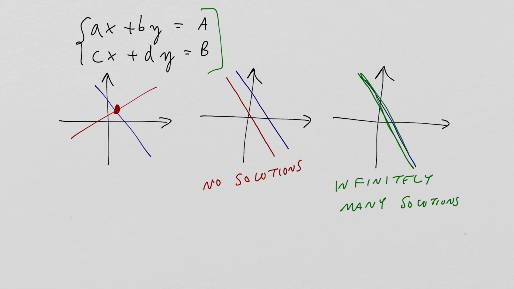What kind of examples could we have of these two cases?